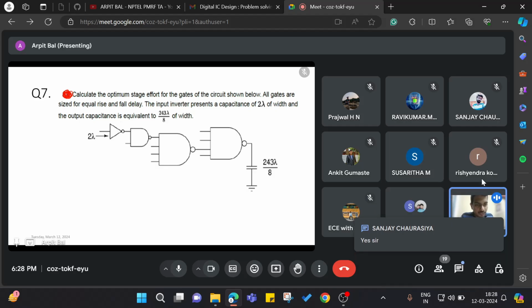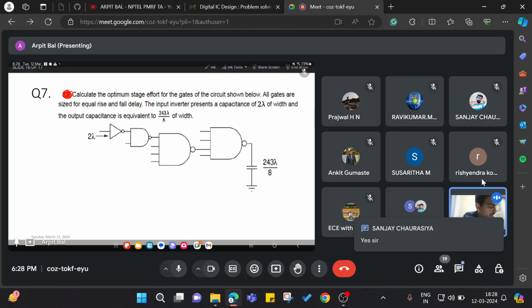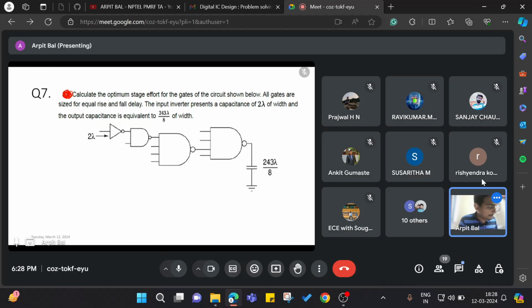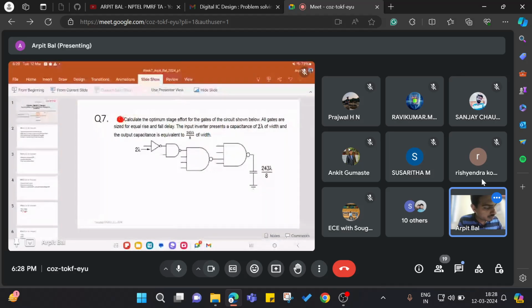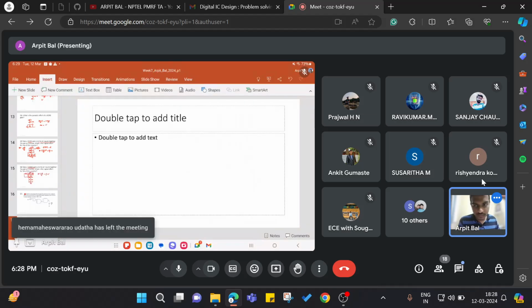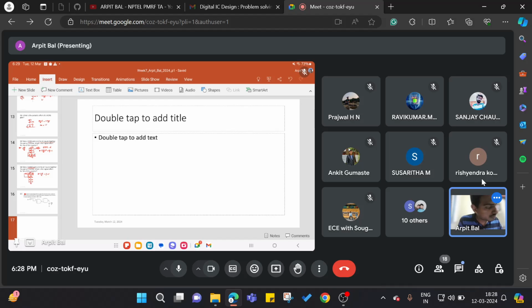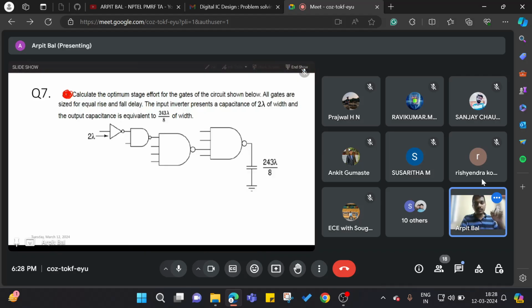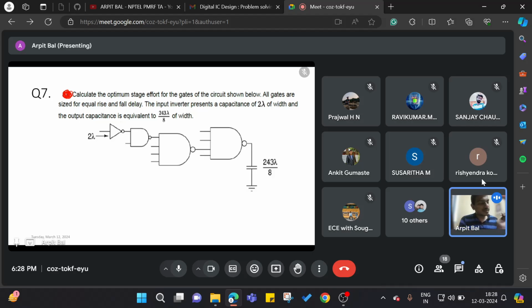Okay, so moving on to this question. I'll need another page, so let me add another slide here. In this question we have to calculate the optimum stage effort for the gates of the circuit shown below.